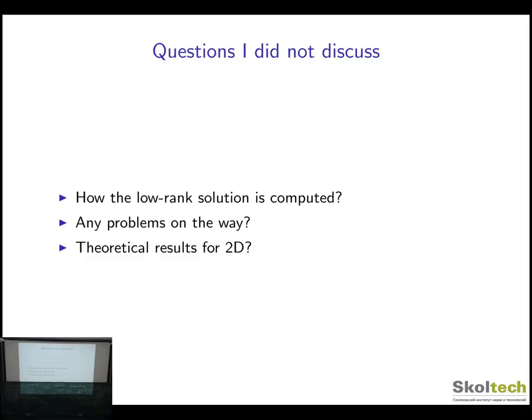Probably this can be improved by better initialization or some sort of multigrid. Theoretical results for the 2D non-oscillatory case have already been there for 2 years. For the multiscale case, it's not so easy because you have boundary layers there and so on, which you have to approximate as well.